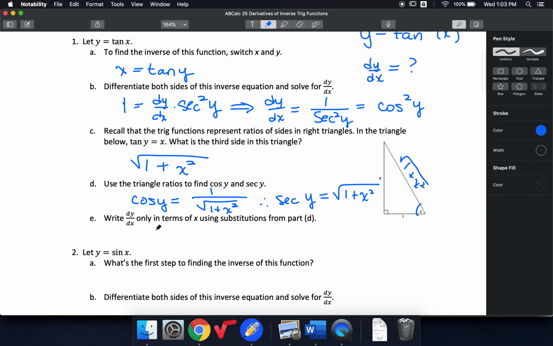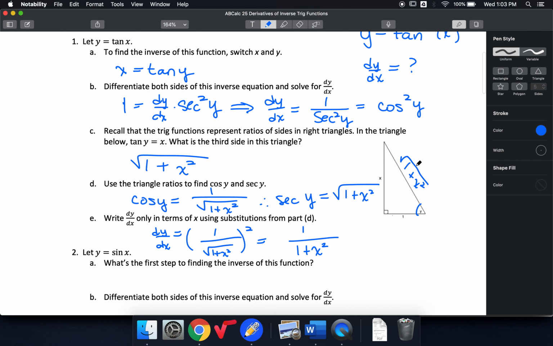So coming back to that dy dx, it's going to be the same thing as 1 over root 1 plus x squared squared, because I have secant squared or cosine squared, which then just turns into 1 over 1 plus x squared.